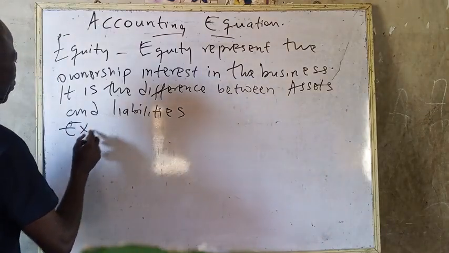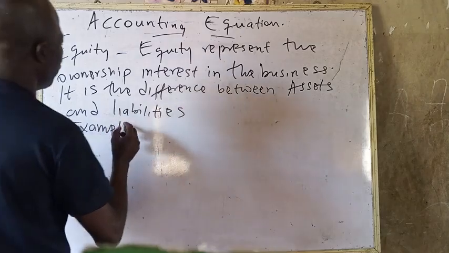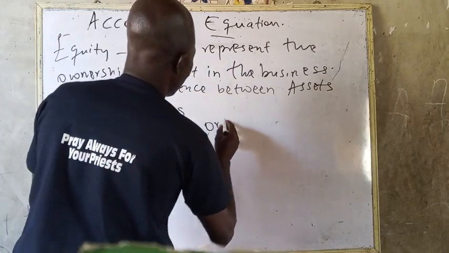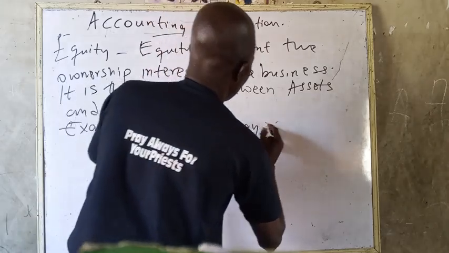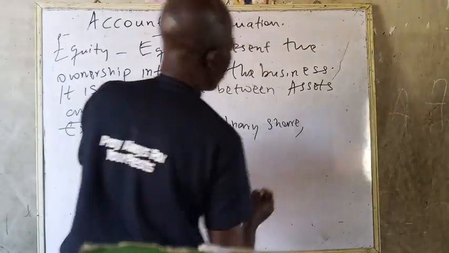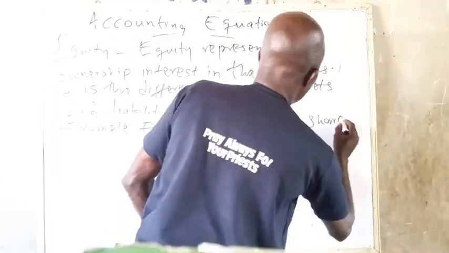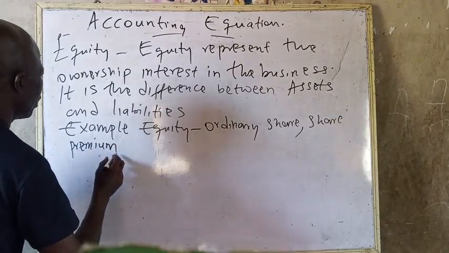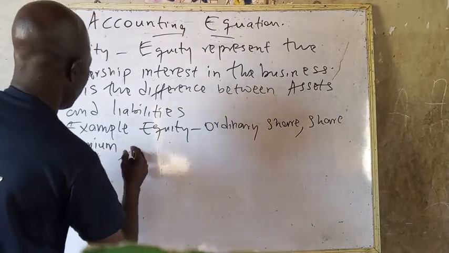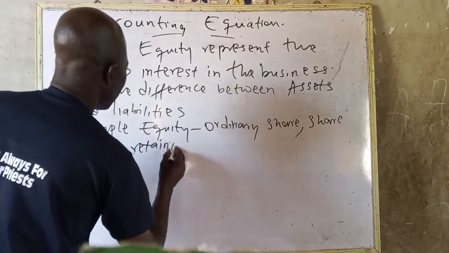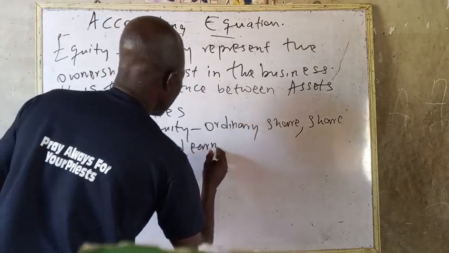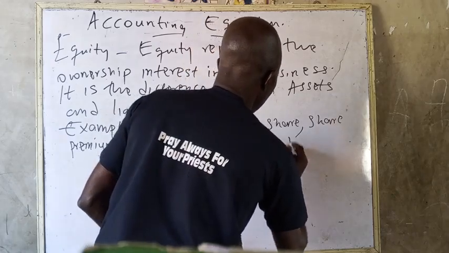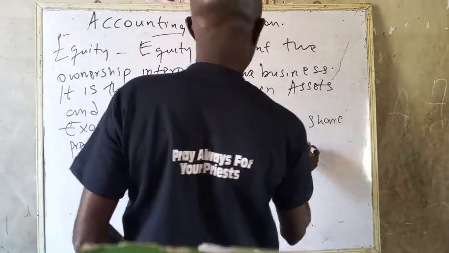Example of equity: you have ordinary share, share premium, retained earning, dividends, and so on and so forth.